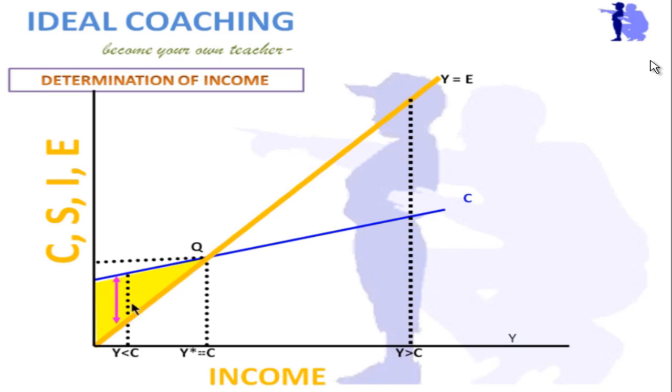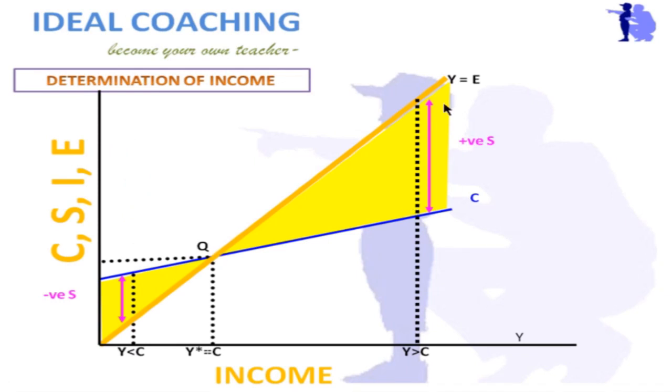So this area is known as negative saving, and here it is known as positive saving. We can write negative and positive savings. Here we are able to save more, and here we are not able to save; in fact, we are borrowing money. So the equilibrium point is the point where the entire income is being consumed.